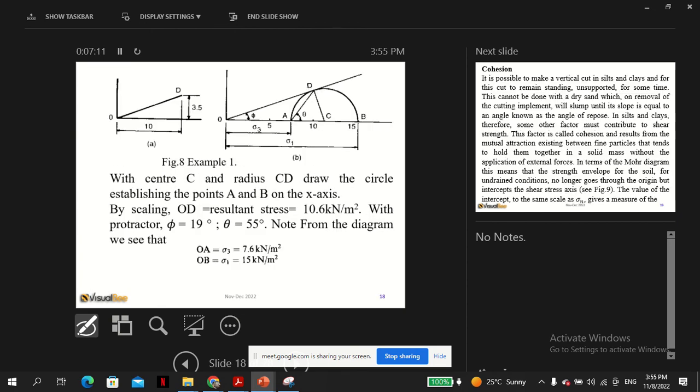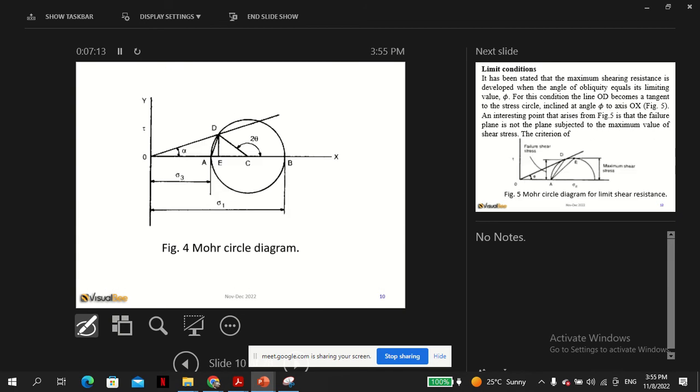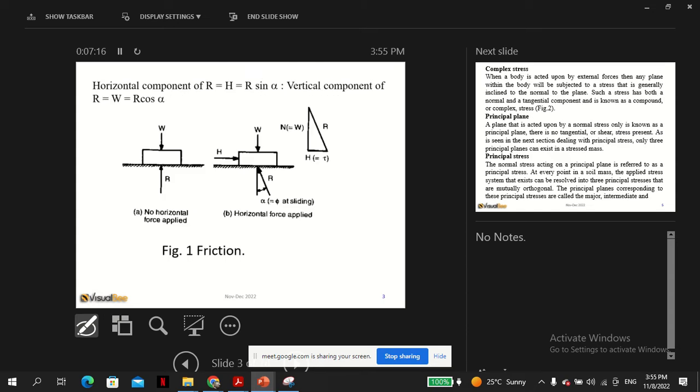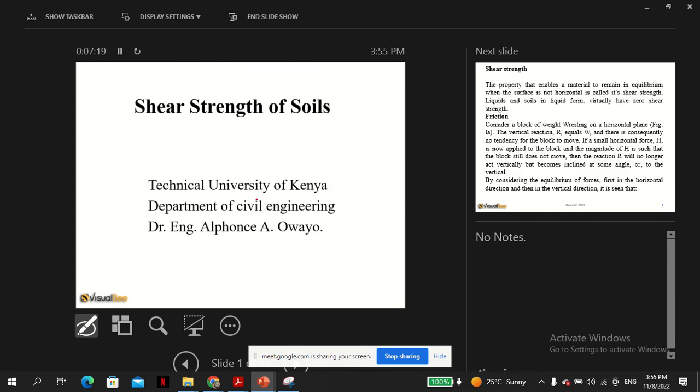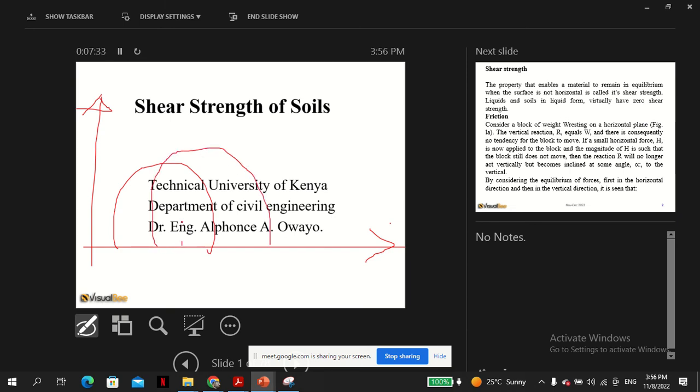In reality, there is a curve. The envelope is a curve. This is the reality.